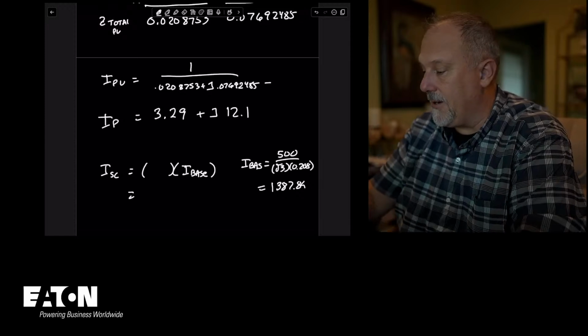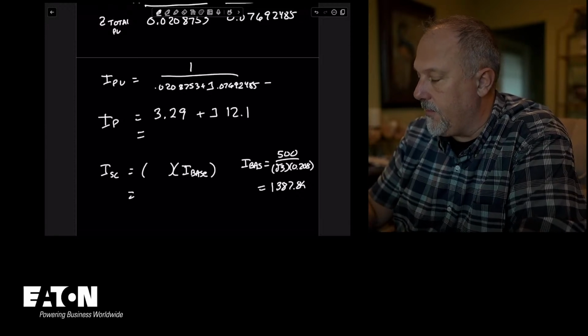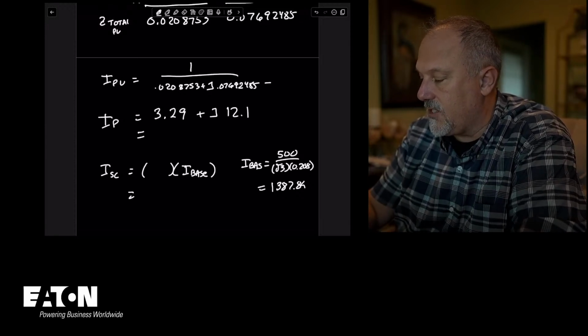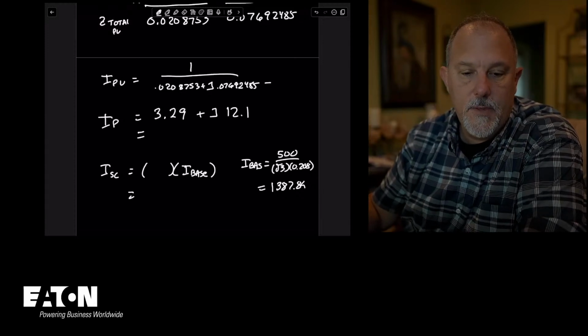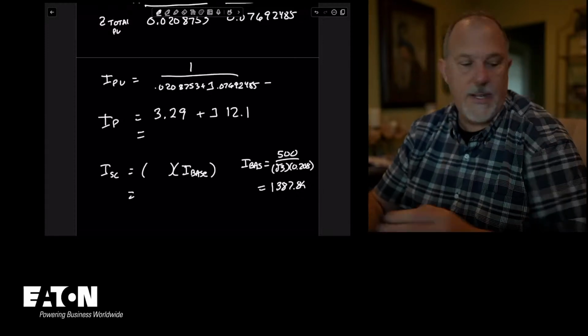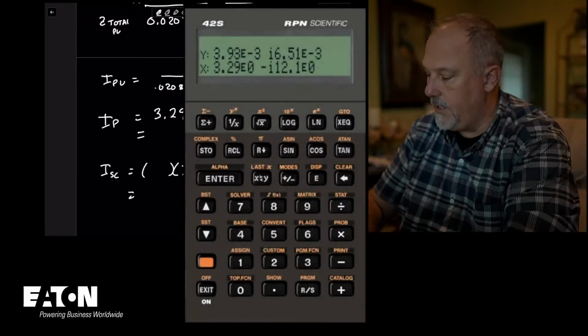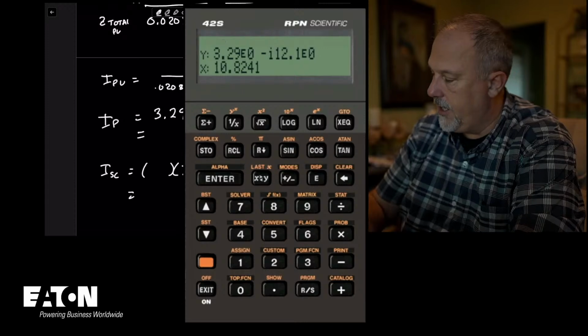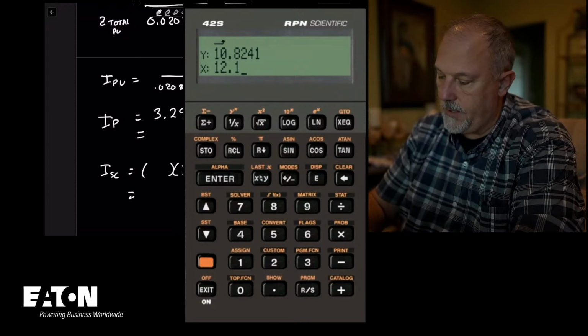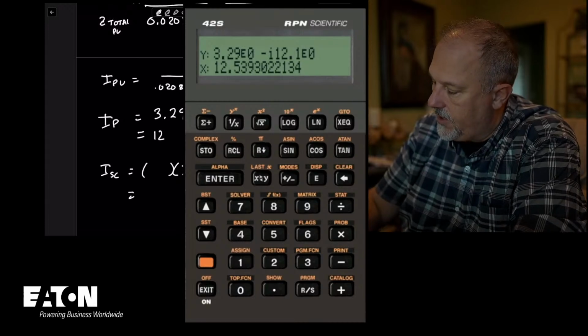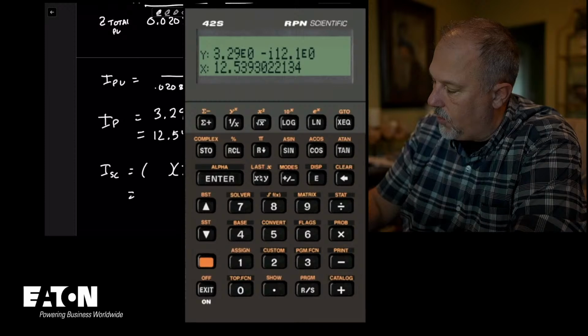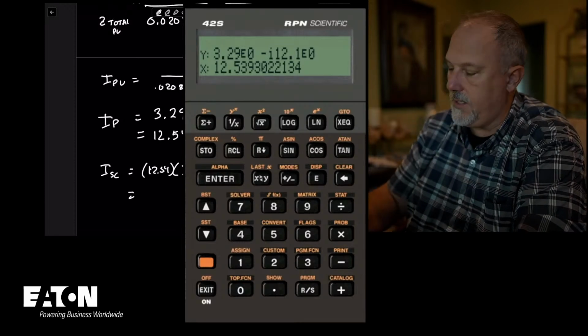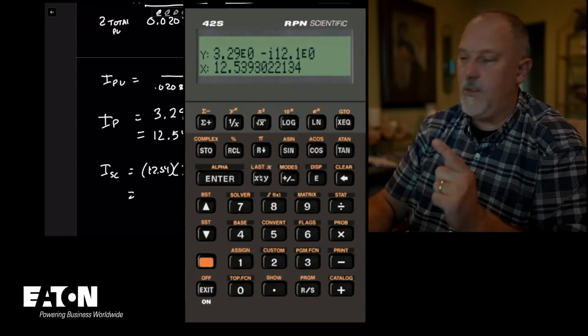This looks much better. So now I per unit, remember to get the Z, I square both of those, take the square root. So if I take 3.29 squared, 12.1 squared, add those, square root, that is 12.54. 12.54 times I base, which is 1387.8.